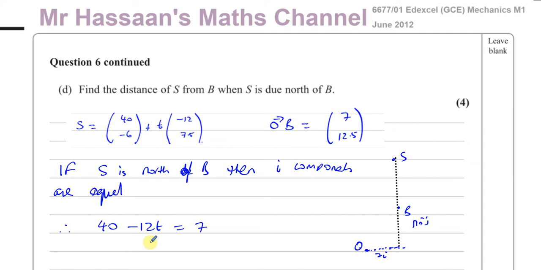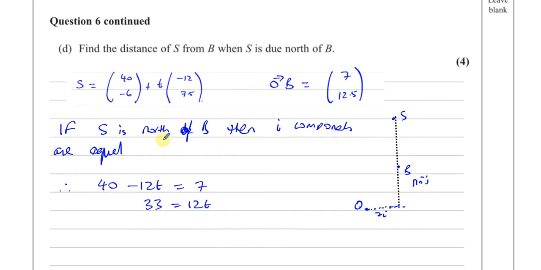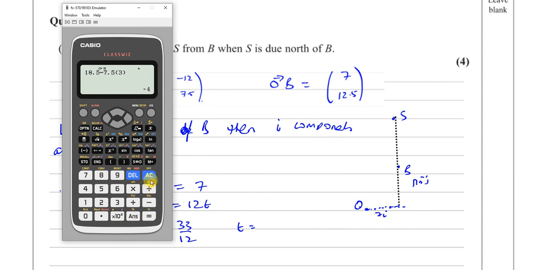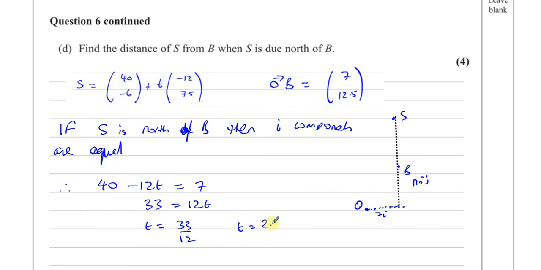So 40 minus 7, which is 33, equals 12t. So t is 33 over 12, which gives us 2.75. So 2.75 hours is the time when they are due north of each other.